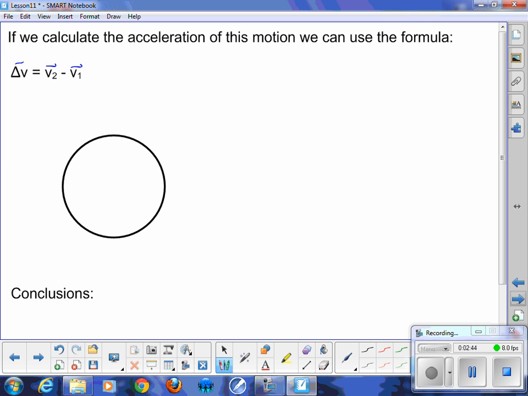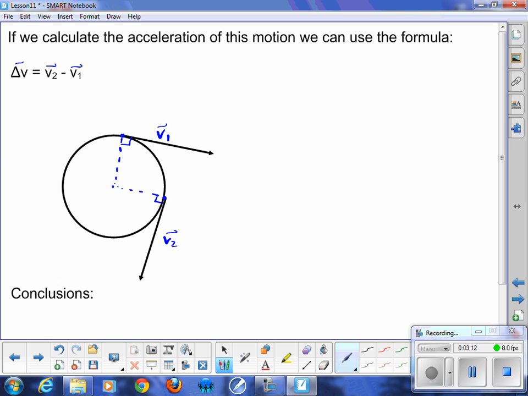So let's pick 2 points on my circle, and you can sketch in the arrows however you want. I'll try to keep this as accurate as I can. So here are our 2 velocities. At point 1, we have V1. At point 2, we have V2. And again, they connect to the center of the circle at a right angle, because it is tangential.